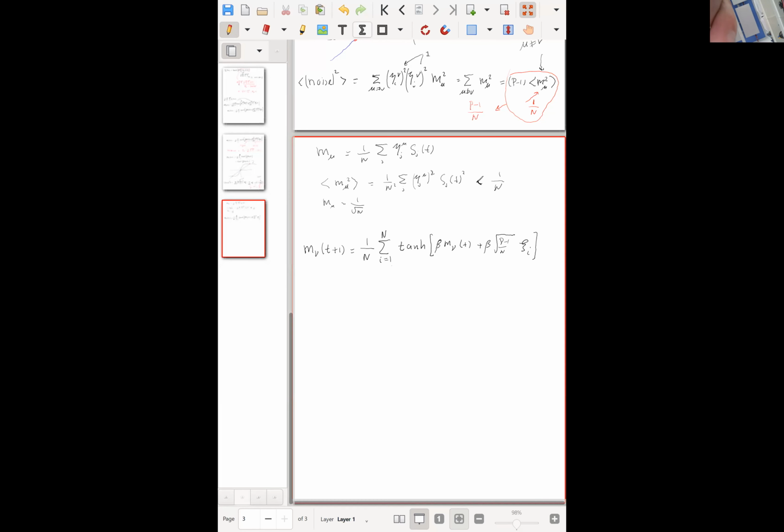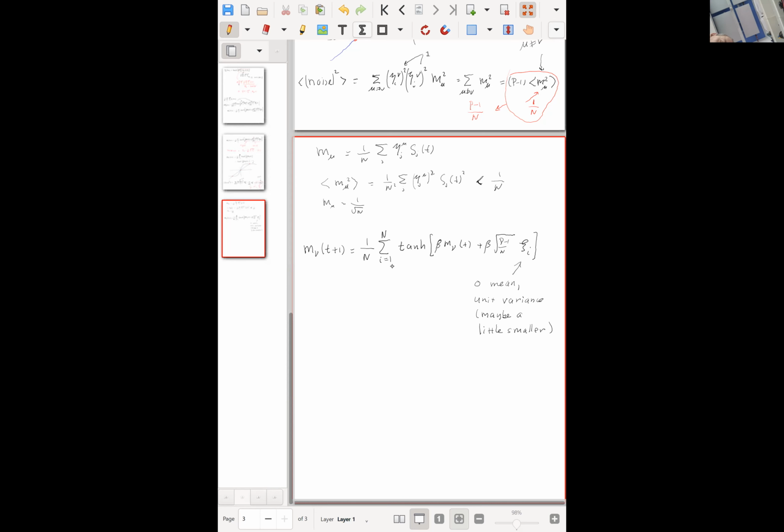So squiggle I is 0 mean, unit variance, or maybe a little smaller. Okay, but we won't worry about that so much.